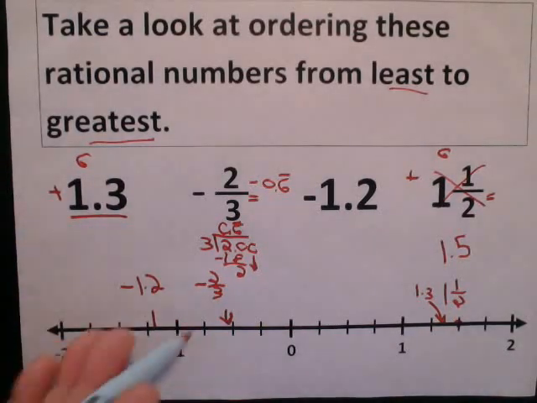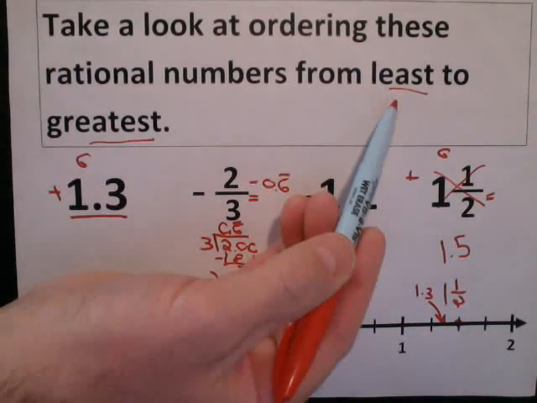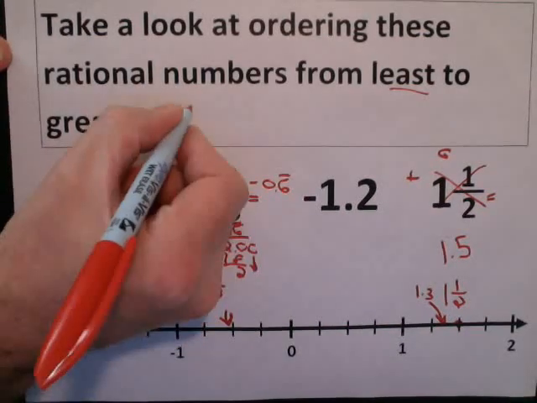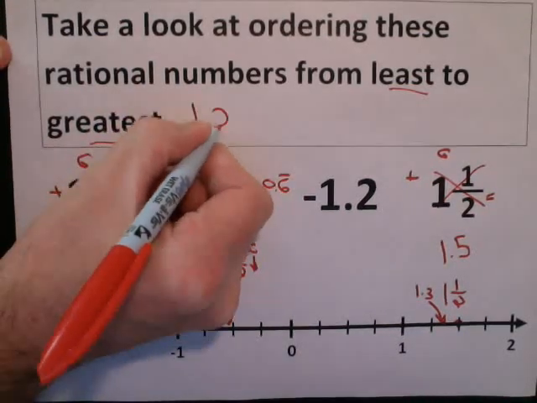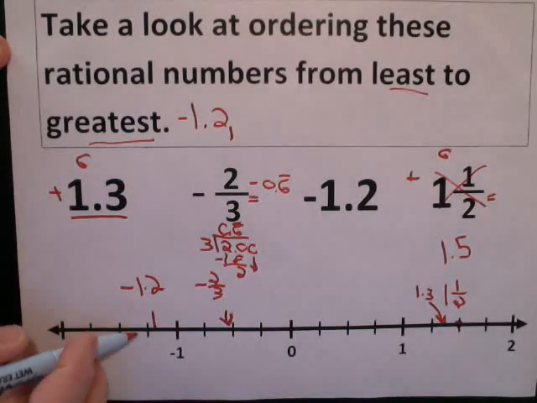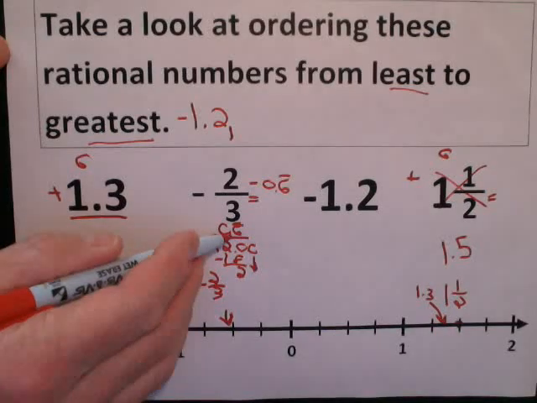And so now we can order these from least to greatest. And we can say our lowest number is going to be a negative 1 2/10. Negative 1 2/10 is our lower number because it's all the way down here, it has 1 whole unit. This doesn't have a whole unit, it's decimal.